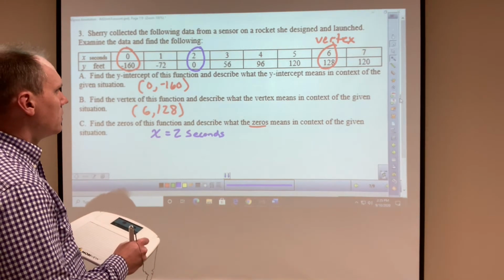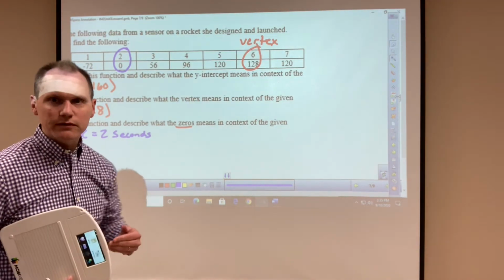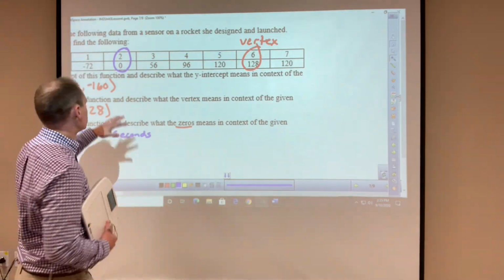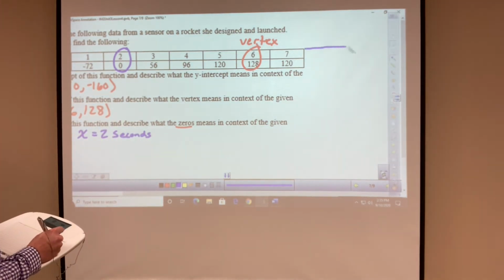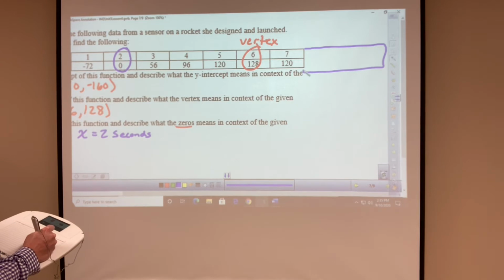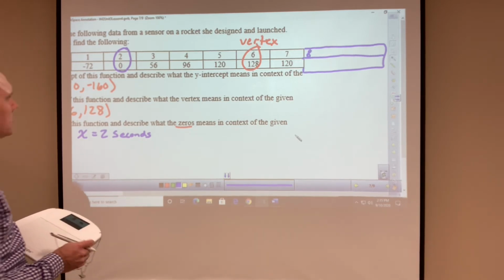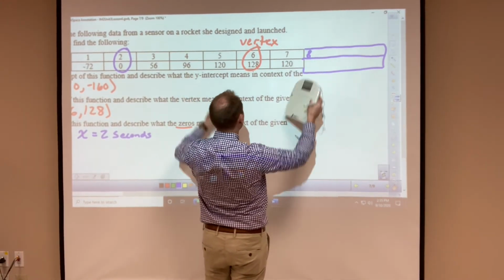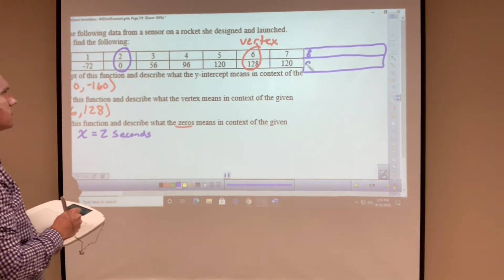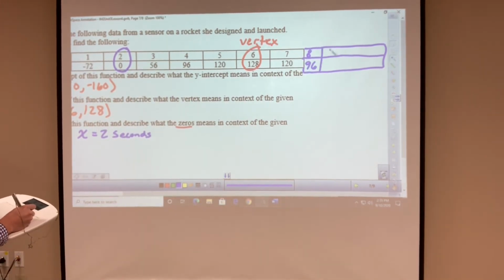We have to use the fact that a quadratic is symmetric to figure this one out. So if we were to continue the table out, after 8 seconds, well, 128, 120, 8 would be with the 4 here, so 96. 9 would be with the 3, so 56. 10 would be with the 2, so 0.